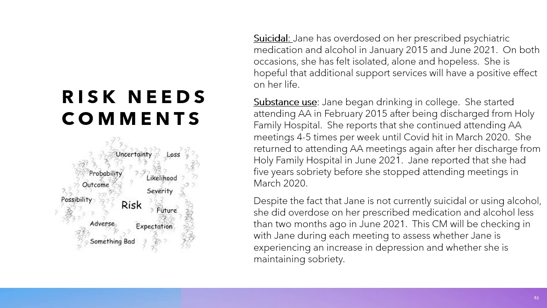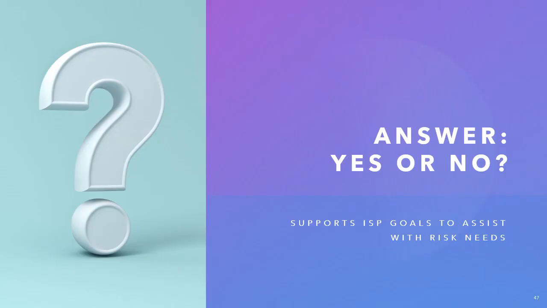This case manager will be checking in with Jane during each meeting to assess whether Jane is experiencing an increase in depression and whether she is maintaining sobriety. Supports ISP goals to assist with risk needs? Yes.